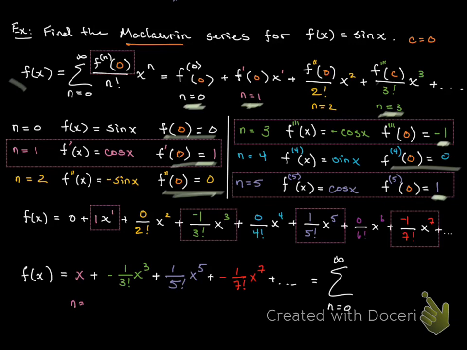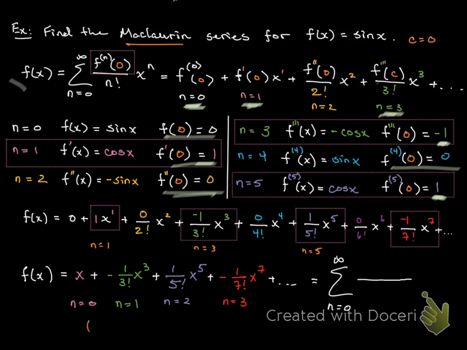So up here I had n being 1, n being 3, and n being 5, so on and so forth. I want those to correspond to kind of new n's now. I want to start at 0. I want the next term to be when n is 1, the next when n is 2. And to do that, I have to be a little strategic here. I have to find a way to write these terms so that only the odd terms show up. Well, we know how to write odd terms.